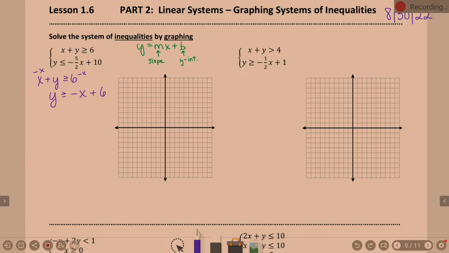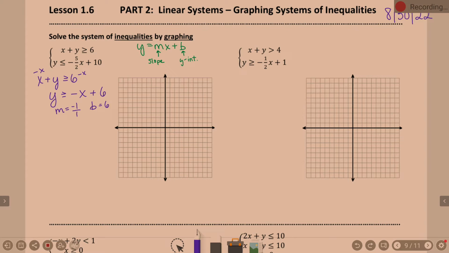So in this case, y greater than or equal to negative x plus 6. My y-intercept is 6. What's my slope? Negative 1 over 1. The invisible number in front of x is a 1. It's negative, and negative 1 is a fraction. You can always put it over 1. So y-intercept of 6.